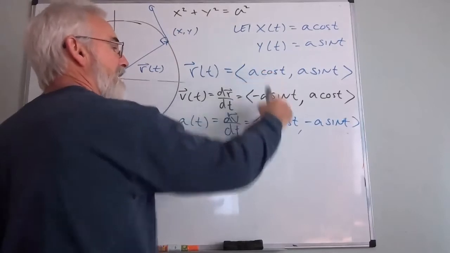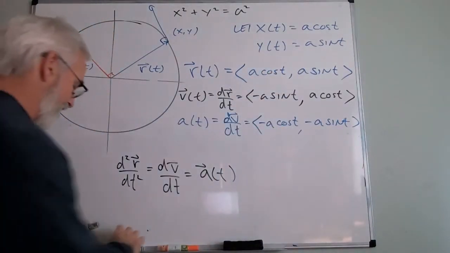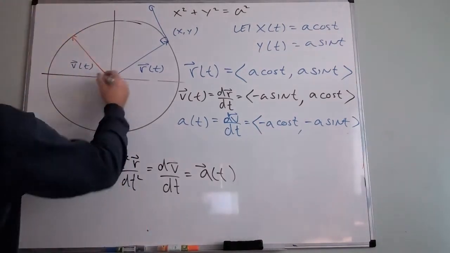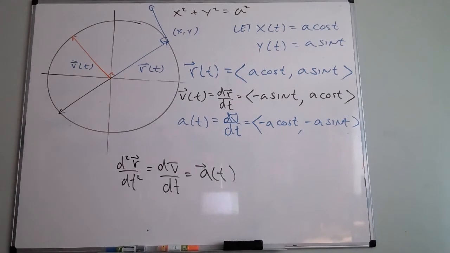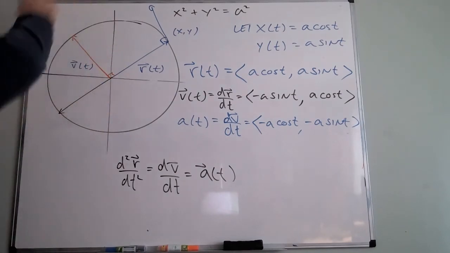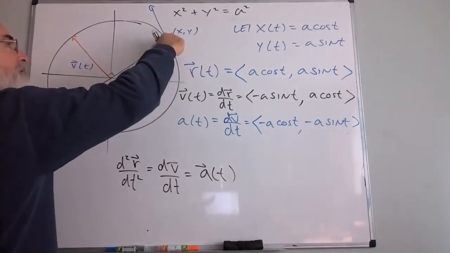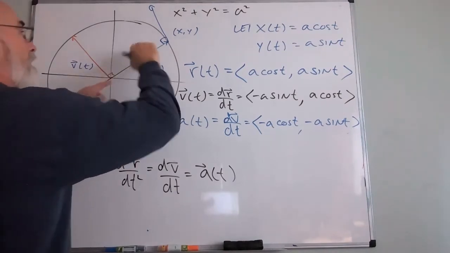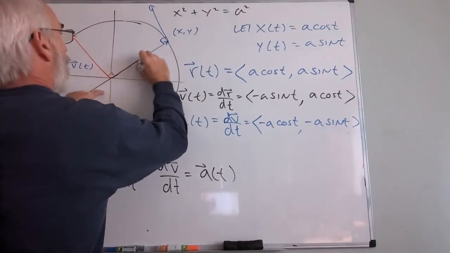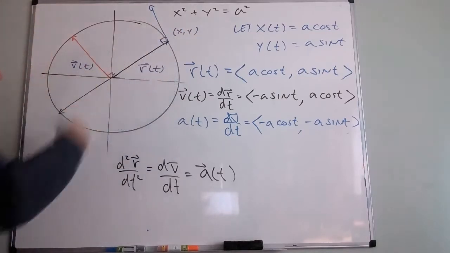It's exactly the negative of my r of t. So my acceleration vector can actually be there if I orient it from the origin. So as I'm moving around the circle and I'm at this point right here, that's my position vector, that's my velocity, but my acceleration vector, if I pick it up, would actually, from this position, point right back to the center.